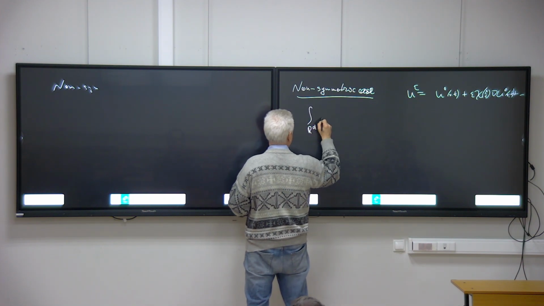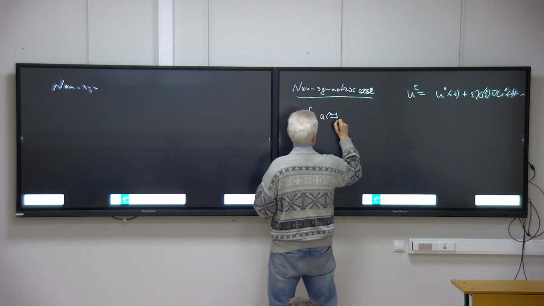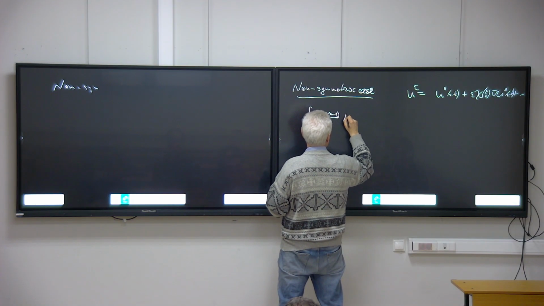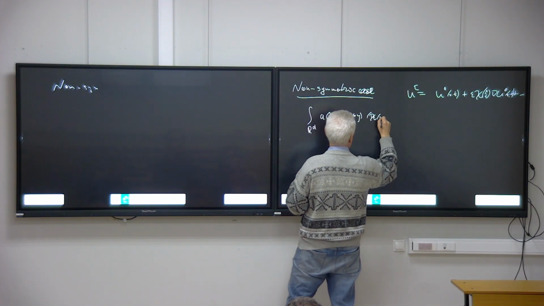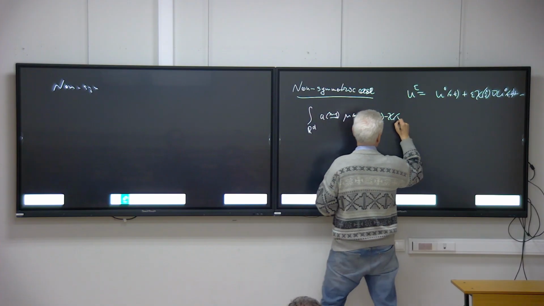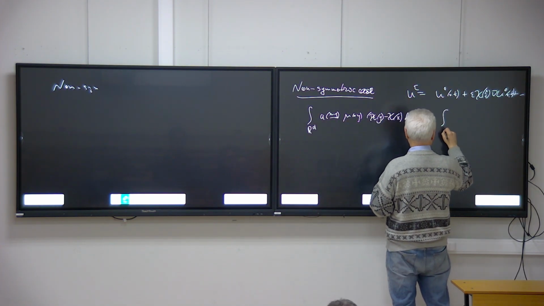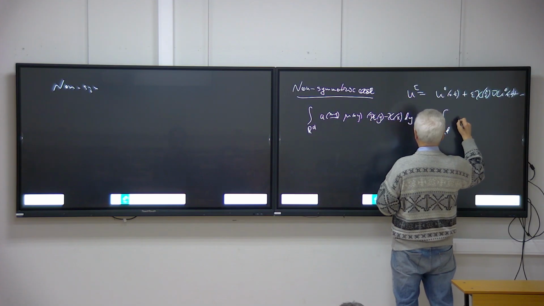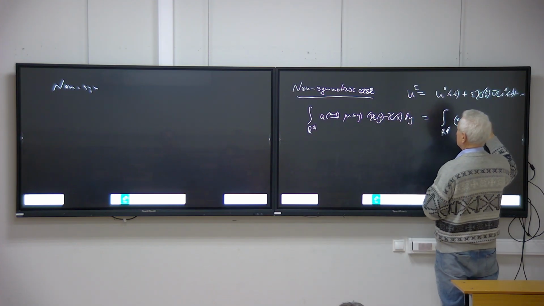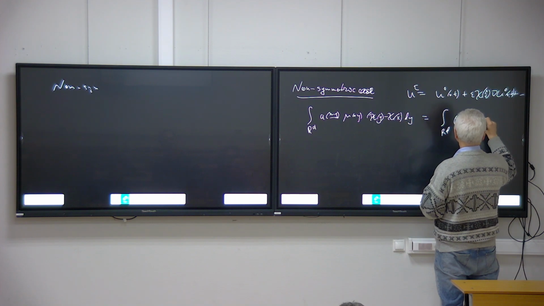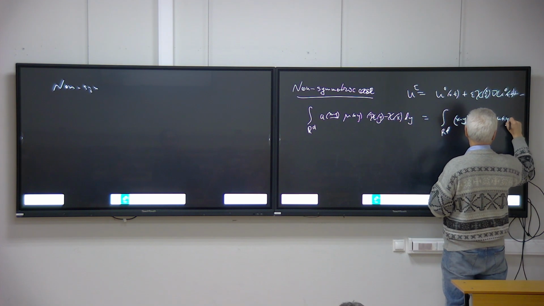The integral over Rd of a of x minus y mu of x y times chi of y minus chi of x dy is equal to the integral over Rd of x minus y a of x minus y mu of xy dy.